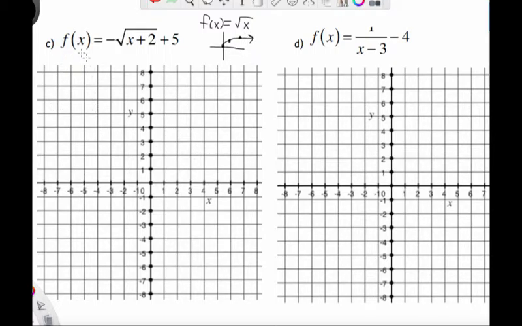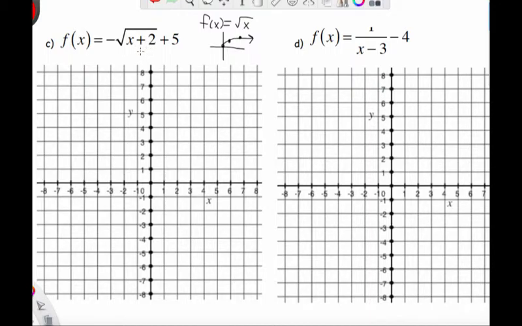And so we need to move our function based on the shifting that it's telling us to do. I see that I have a +2 on the inside of my function underneath that radical symbol. And when you have a number being added or subtracted on the inside of your function buried within some kind of symbols, then that is going to be a left-right shift, and it's opposite of what you think it should be.